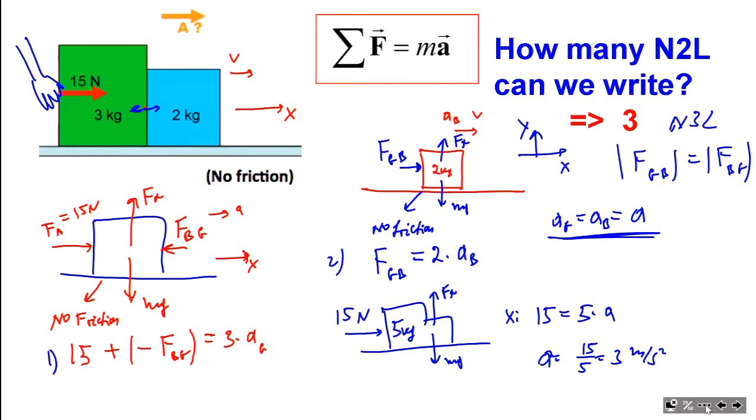And if we know acceleration, we can calculate all other forces. Or we could do it differently. We could have solved the equations first, calculate force and acceleration, and then we could check that the third equation also works. We'll always have more equations than we need. Any questions?